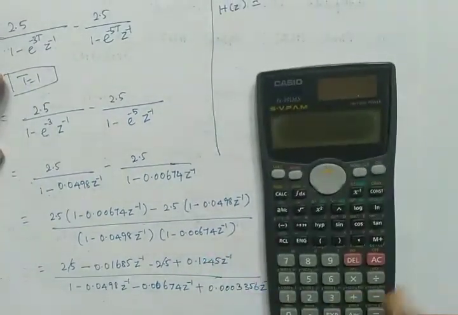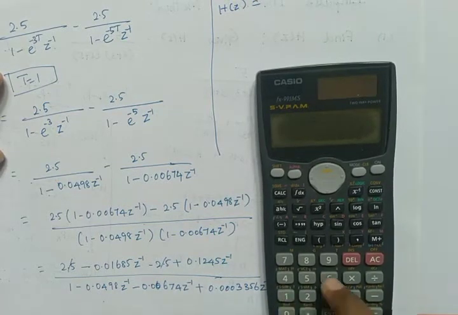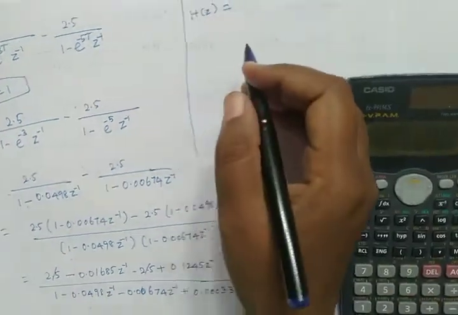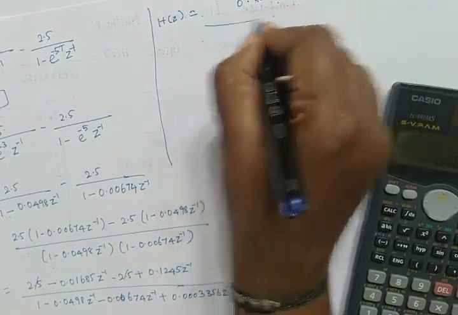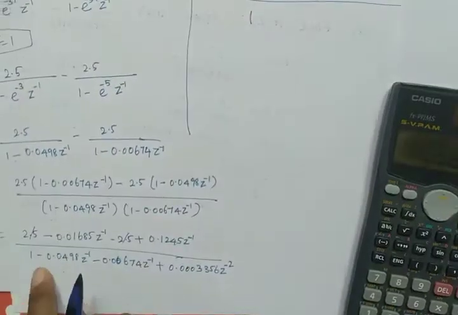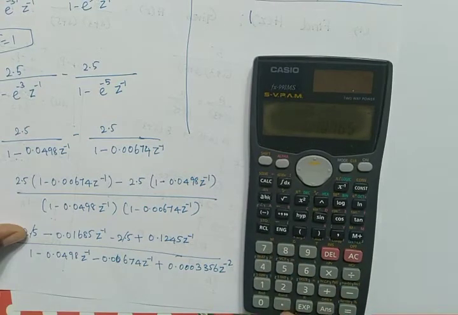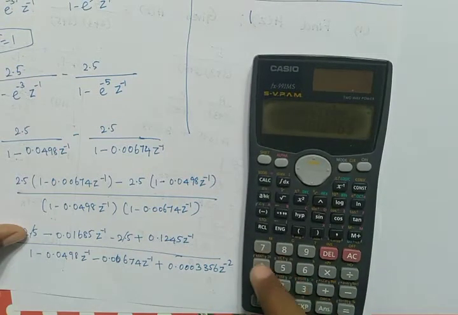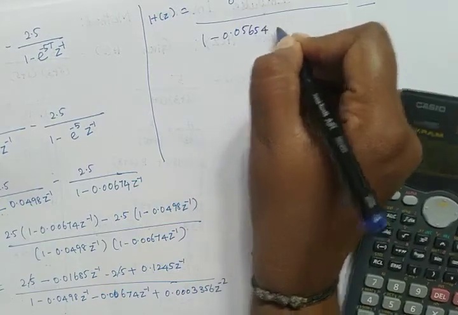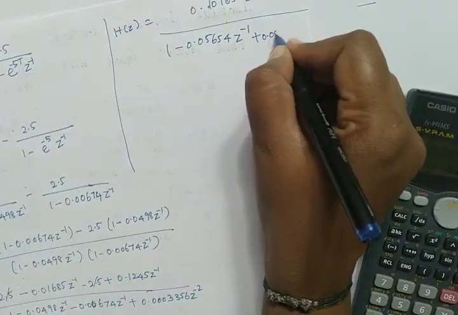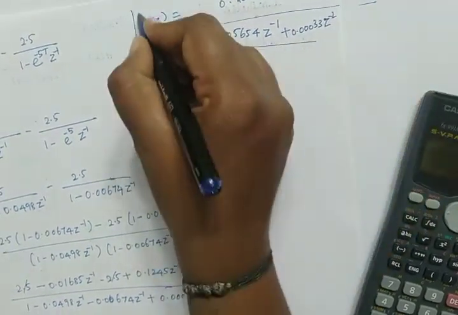So what is present here: 0.1245 minus 0.01685 is equal to 0.10765 z power minus 1, the whole divided by 1, and here it is minus 0.0498 plus 0.00674, which is equal to minus 0.05654 z inverse plus 0.00033 z power minus 2. So this is our final answer, H of z is equal to this.